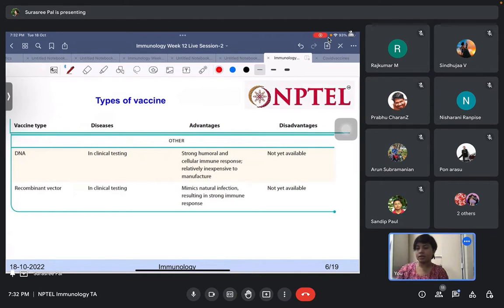For example, let's talk about the DNA vaccines first. This is a very recent vaccination strategy that has been developed, which utilizes plasmid DNA which encodes antigenic proteins.